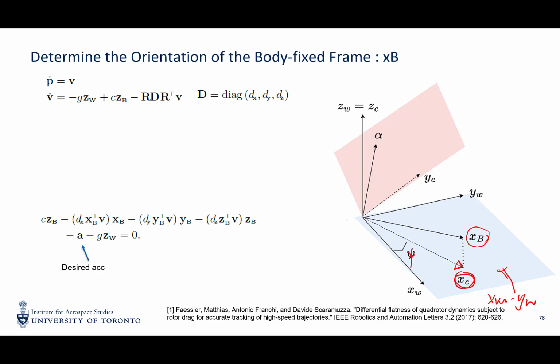So you can imagine that the xb vector, the x-axis of the body fixed frame, is xc, but it rotates around the yc. So it's like a pitch up a little bit. But how much? So what is this angle?